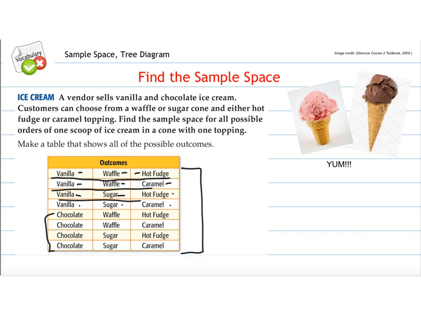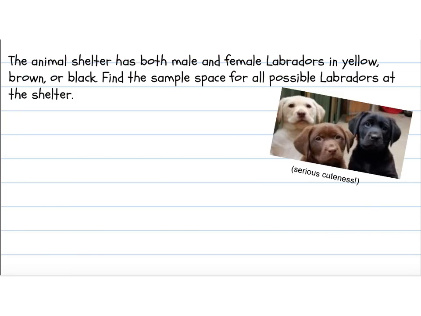This is one, so on and so forth. So if I count 1, 2, 3, 4, 5, 6, 7, 8, that means there's 8 possible outcomes based on this scenario. Okay, and I'm going to show you how to make a tree diagram kind of like this table on the next slide, but this is just an example. So they listed out all of the possible things that you could make, and there's 8 possible cones.